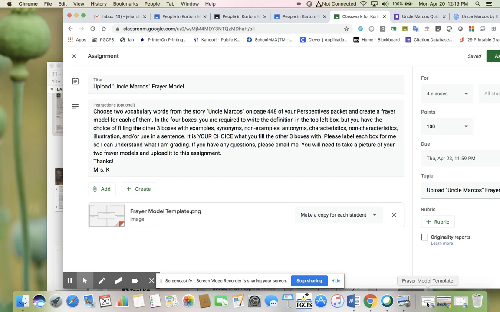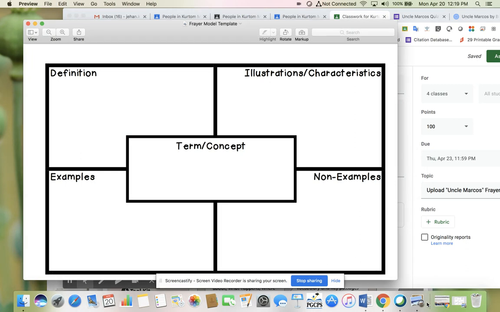And this Frayer model, I'm going to give you kind of the freedom of how you want to do it. Now, this one is already pre-written. In the Frayer models, you are going to put the word here. So if you choose the word ingenuity, you're going to write that here.